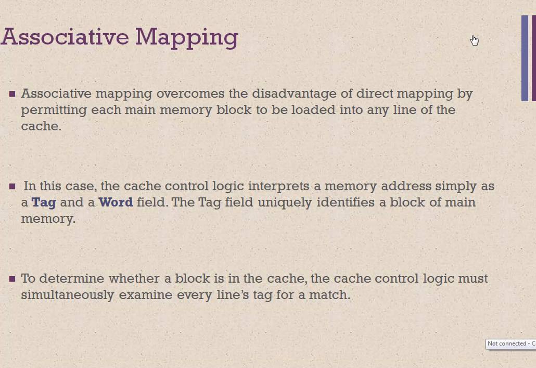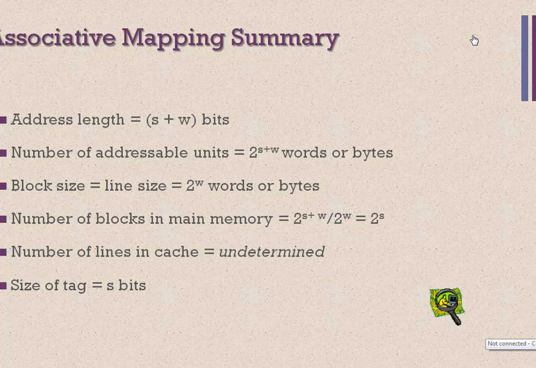Associative mapping was mentioned on previous slides, so you can also read it. In associative mapping, the tag and word fields uniquely identify different main memory blocks. The address length is s plus w bits, and the number of addresses is given by the formulas. The block size can be found by 2 to the power w.